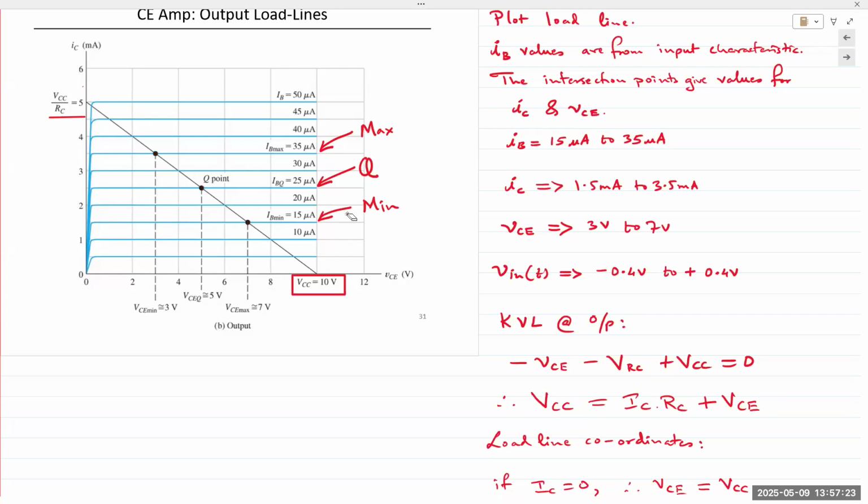Okay, for IC and VCE. And so the values that we obtain are here. And then, of course, IC is 3.5, 2.5, and 1.5 milliamps.